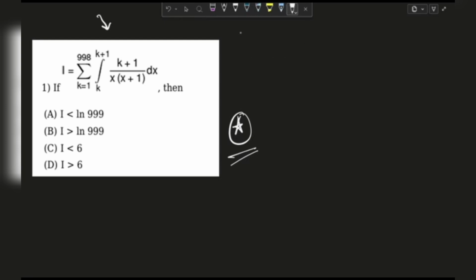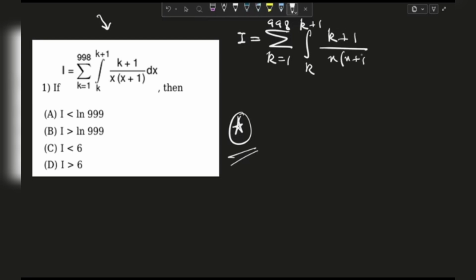So basically our integral I is given to be something like sigma k equal to 1 to 998, integral k to k plus 1, k plus 1 whole divided by x into x plus 1 dx. Now we have the limits k to k plus 1, right?